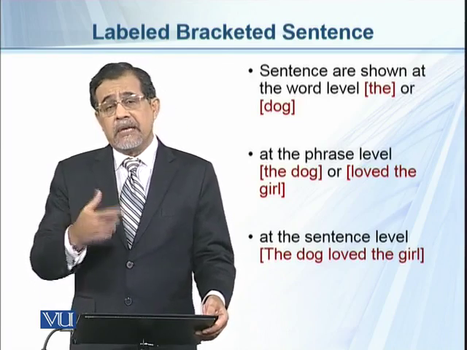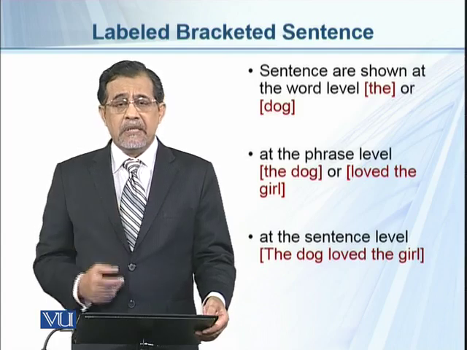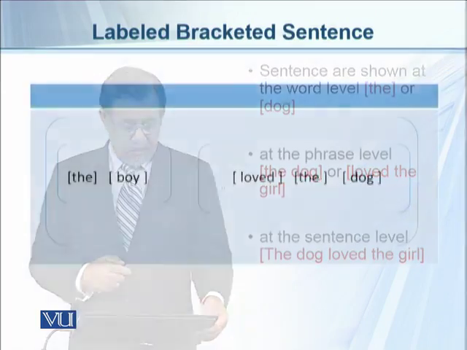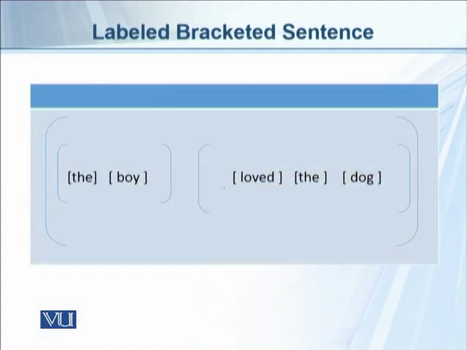Now let's see how we label each constituent in a sentence. For example, if you look at this, in the first place we put brackets. We have the sentence, and you can see that "the" is bracketed, "boy" is bracketed. These are two individual constituents of a phrase, and then we have put a bracket around this phrase.